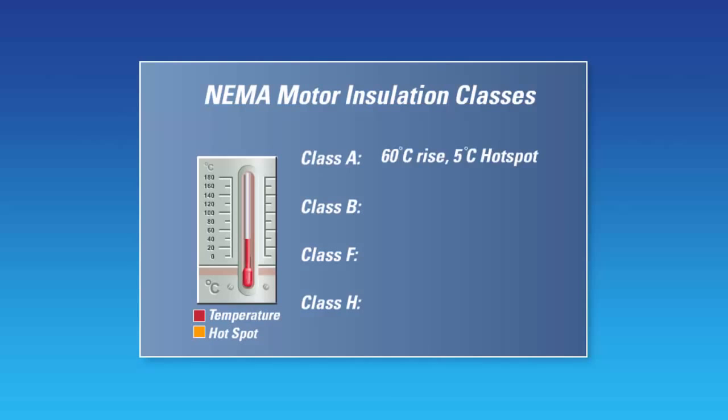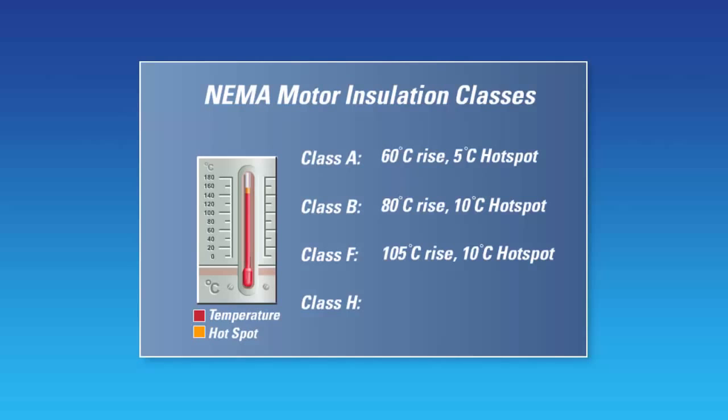For Class A insulation, the maximum rise is 60 degrees Celsius with a hot spot of 5 degrees Celsius. For Class B insulation, the maximum rise is 80 degrees Celsius with a hot spot of 10 degrees Celsius. For Class F insulation, the maximum rise is 105 degrees Celsius with a hot spot of 10 degrees Celsius.